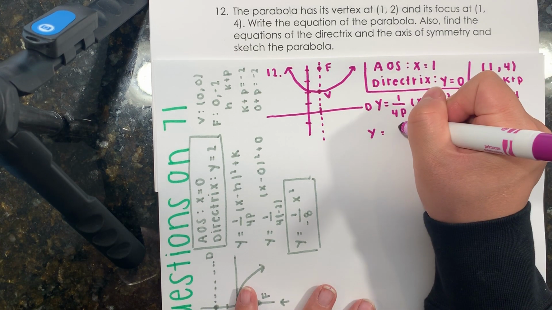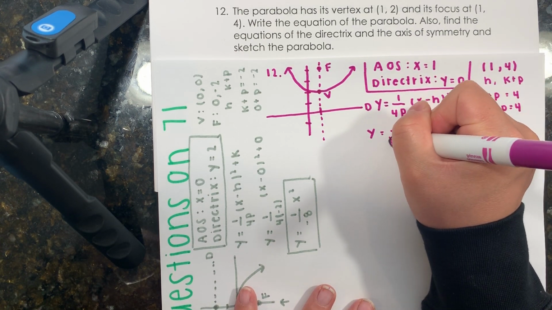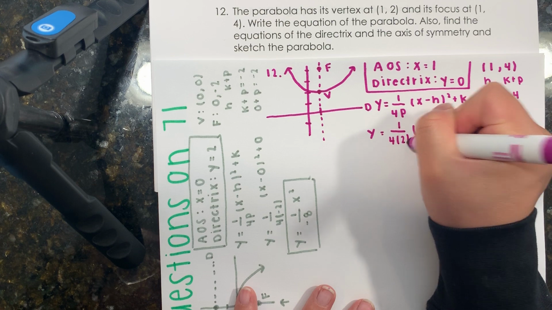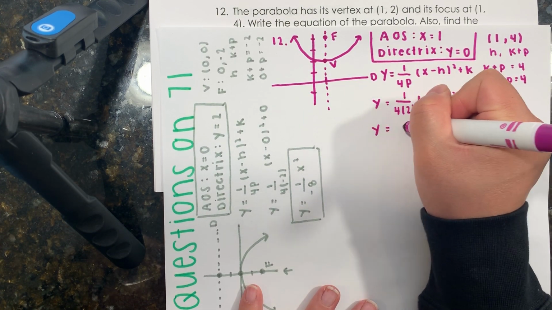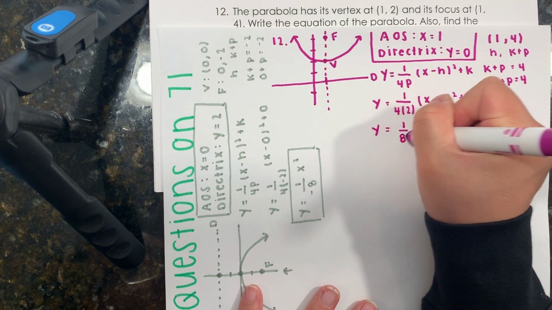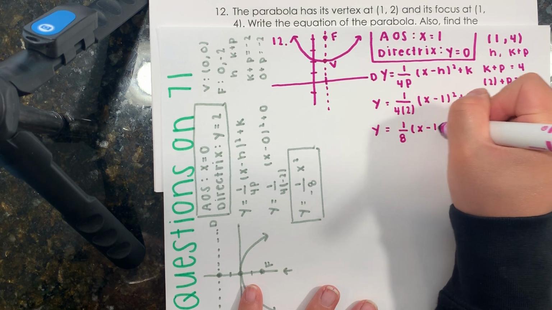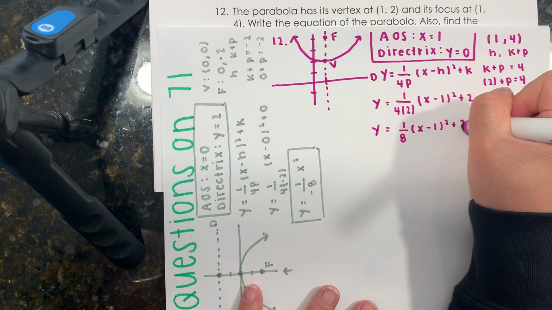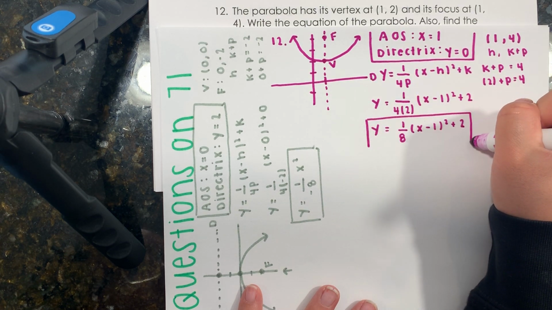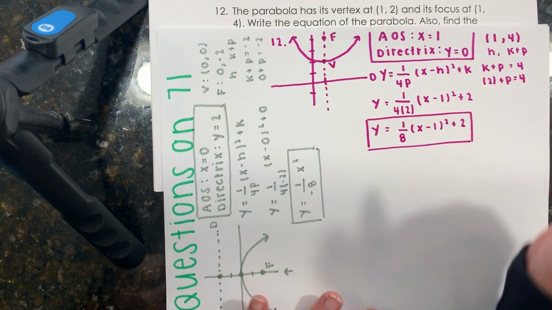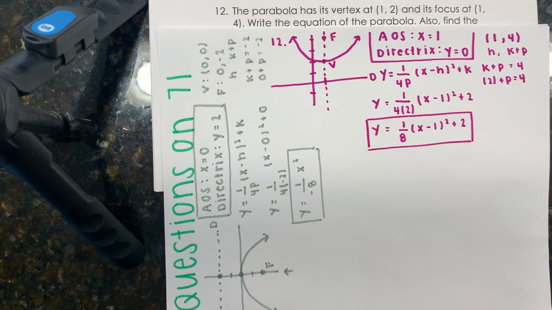So I can plug that into here. So that would be 1 over 4 times 2. And your answer is going to be y is equal to 1 over 8 times (x minus 1) squared plus 2. And that would be your result for number 12.